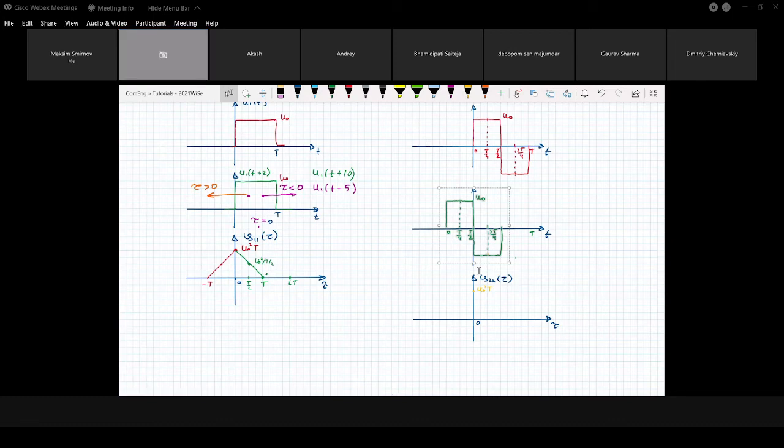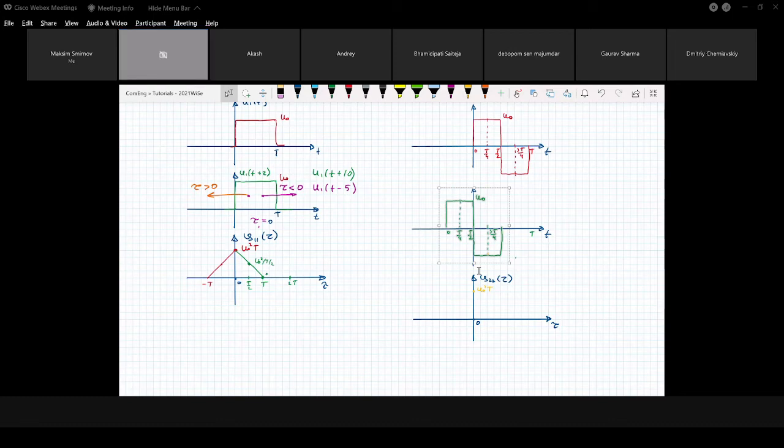Yeah, as this delay corresponds to t. And what happens if we have delay equal to t? What will be the u0 squared, and what's the sign? Plus or minus?